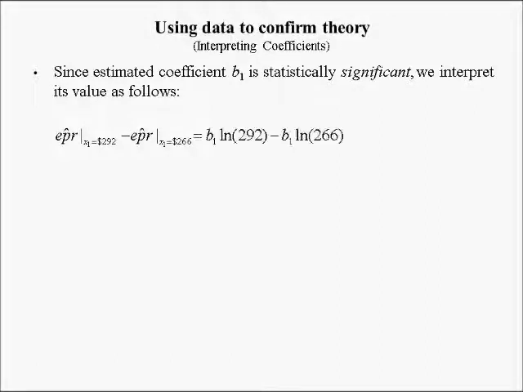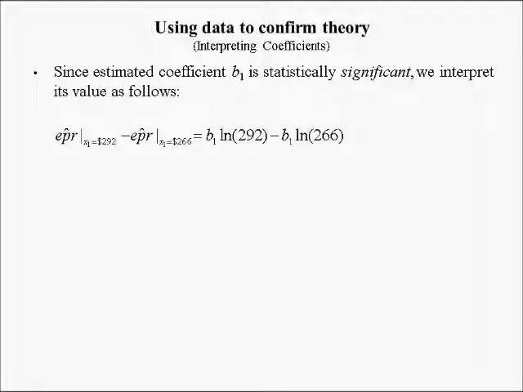So we have, now since this is x1, not log x1, but the b1s were computed using logs, we have to take the log of 292 and the log of 266. Now, everything else in the equation has been subtracted out, like I said. So what you're left with, when you take this difference, are these two expressions.